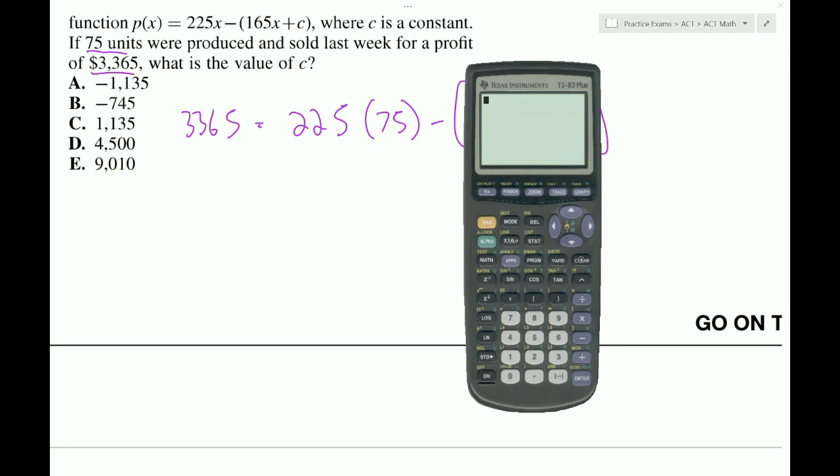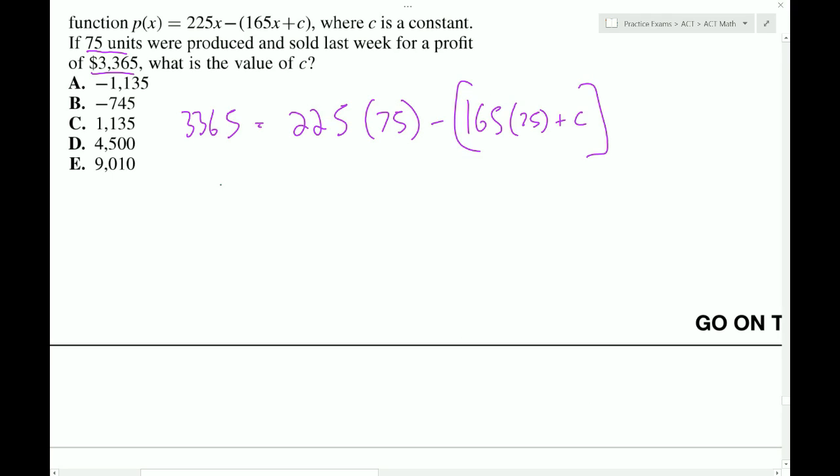Okay. So 225 times 75. All right, that's 16,875. We can then subtract that to the other side if we prefer. So we'll get negative 13,510.